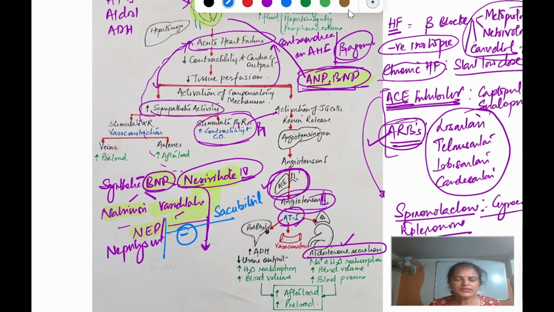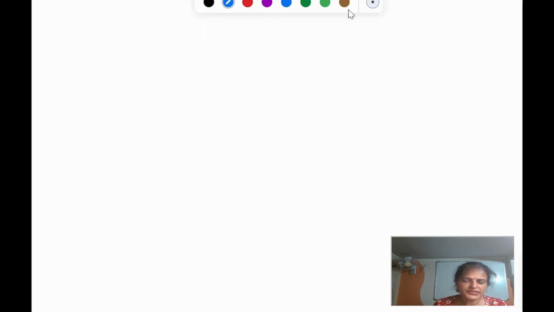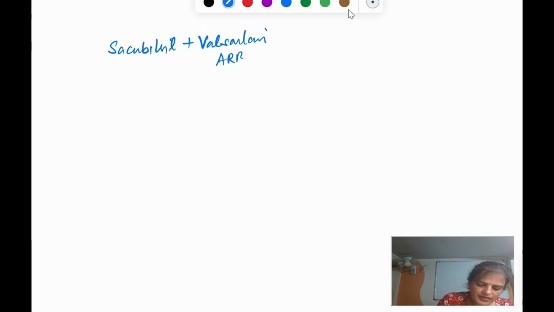And nowadays there is one FDA approved combination of sacubitril with valsartan. So what is valsartan? Valsartan is an ARB, your angiotensin receptor blocker, and sacubitril is a neutral endopeptidase or neprilysin inhibitor.